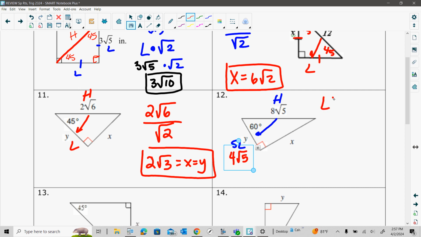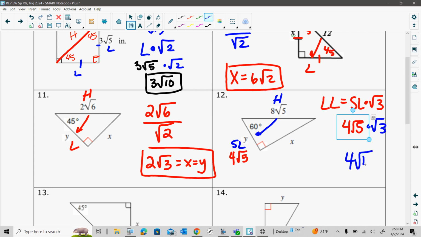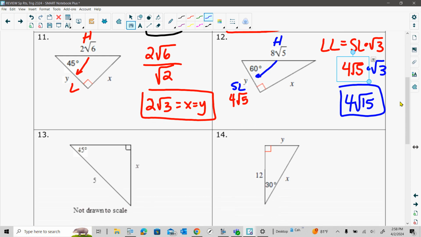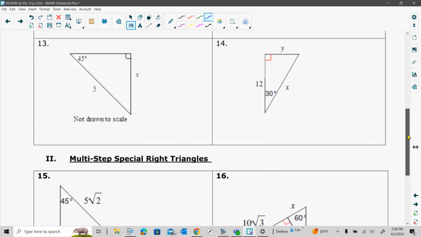Now to get to my long leg, I have to take whatever my short leg is and multiply it by root 3. Our short leg is the 4 root 5. We're multiplying it by that radical 3, so that becomes 4 root 15. And we can't simplify that. Okay, so this was just one triangle, finding the missing side.